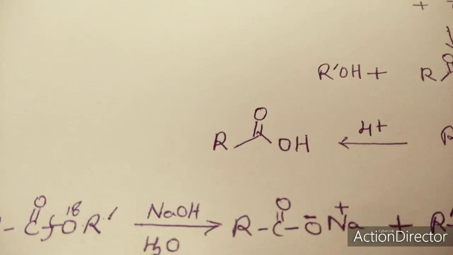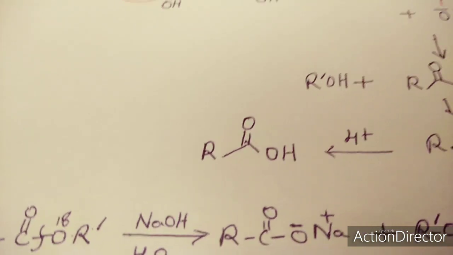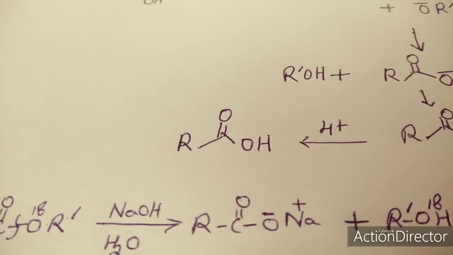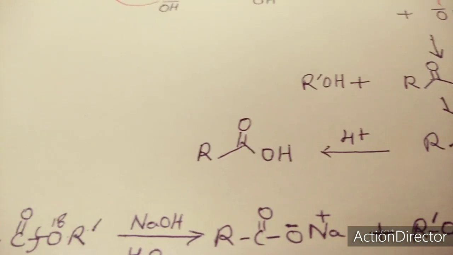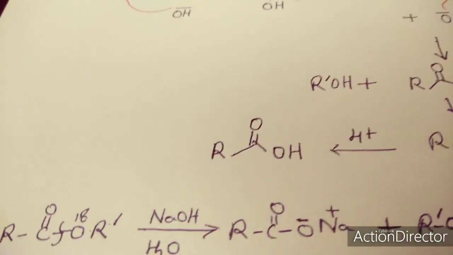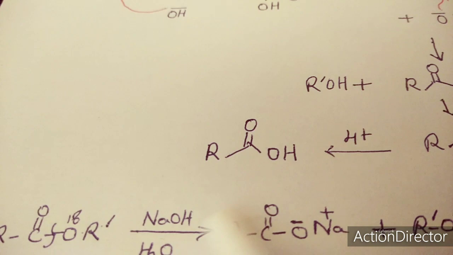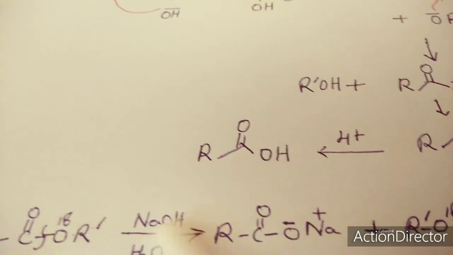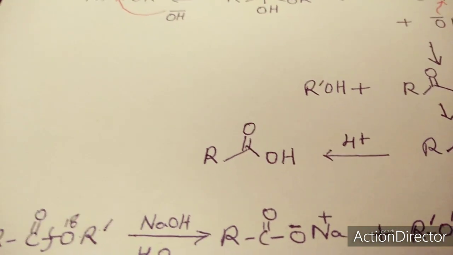In other words, this labeled oxygen will be incorporated in the alcohol, thereby showing that there has been a fission of this acyl oxygen bond. This is the bond which has been broken.